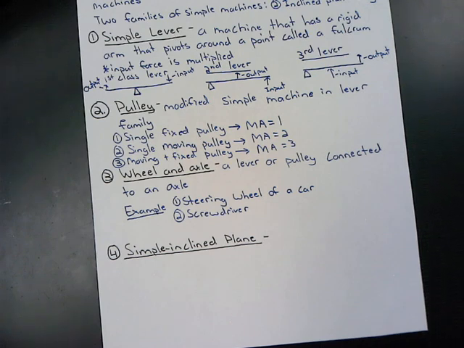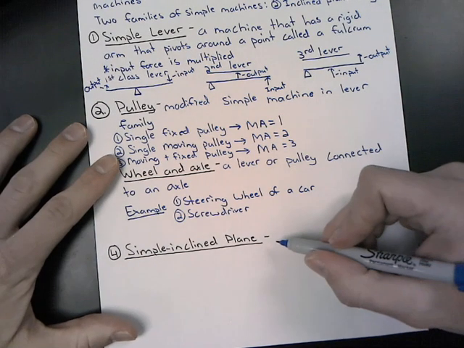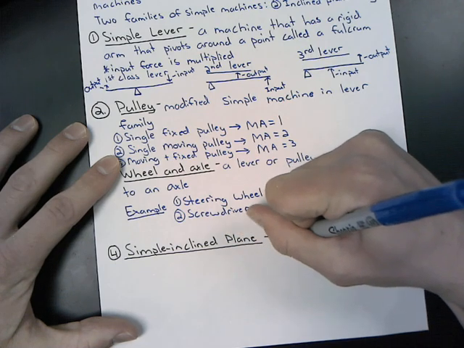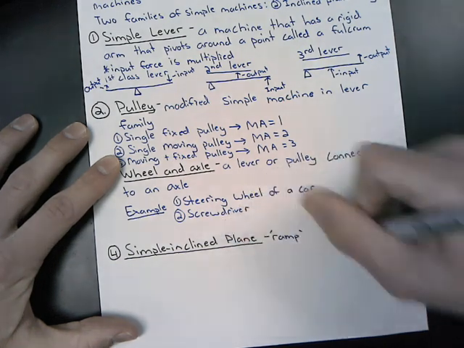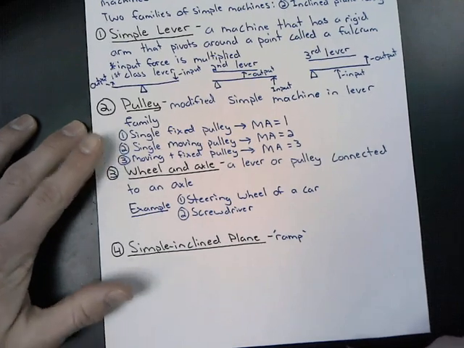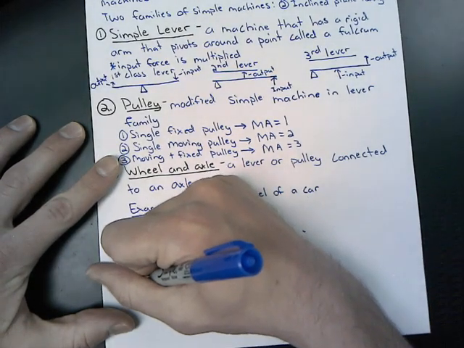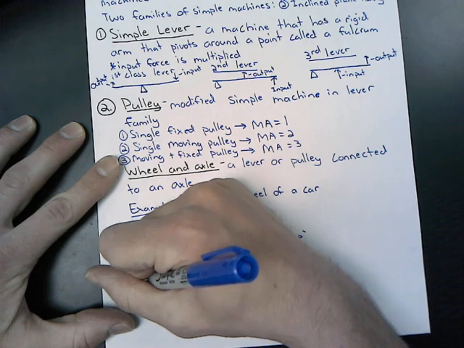And so with our inclined planes, a simple inclined plane, we're going to keep this simple, and we're just going to say this is a ramp. So a ramp, again, my poor depiction of a drawing is going to be this.